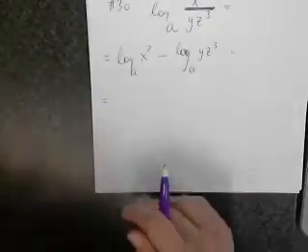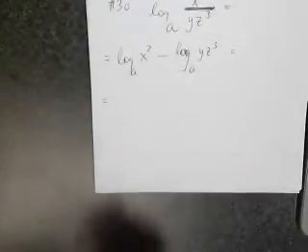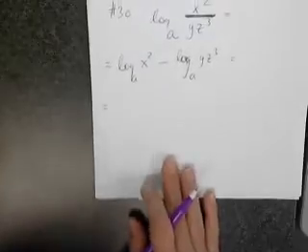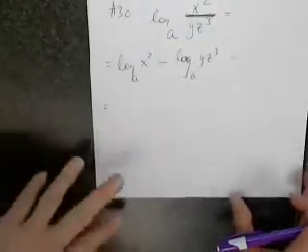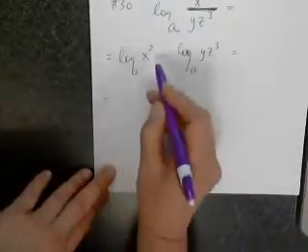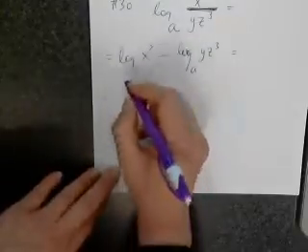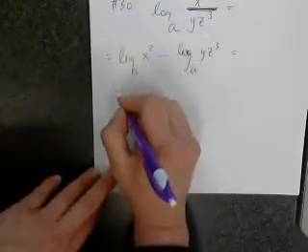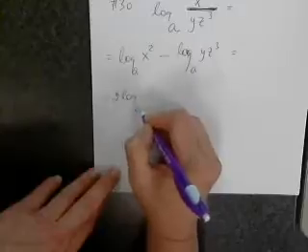There is one rule or property that I can apply to the first log, and I'm done with it. There is nothing else I can do. What property will I apply here? Right, so the power comes in front as a factor, 2 multiplied by log base A of x.